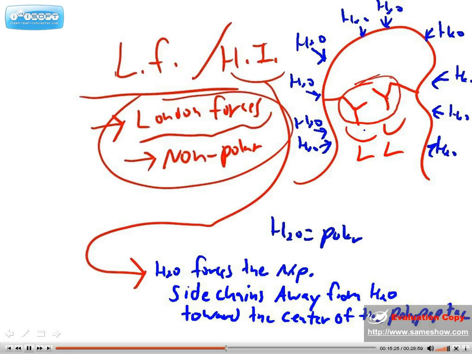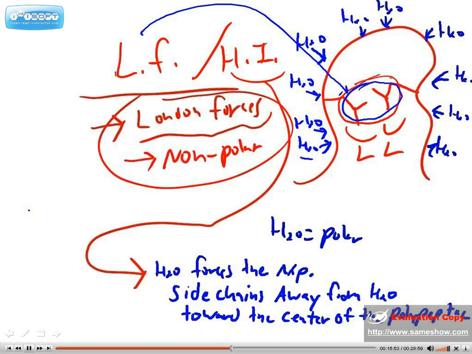So this is an indirect cohesive force. They are attracted to each other, so that is cohesive when it comes to London force. But alternately, indirectly, the water molecules are also continuously pushing the polypeptide together. And it wants to do that to escape the nonpolar forces.